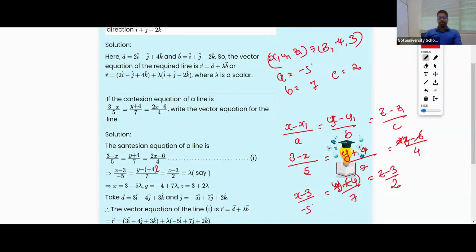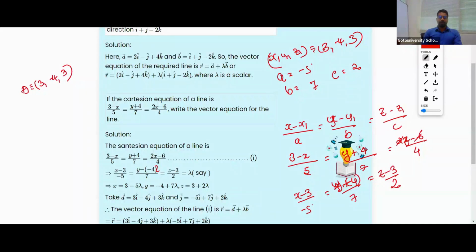If you want to write the vector equation of this line, we are going to take this as a point A, having the coordinates 3, minus 4, 3.